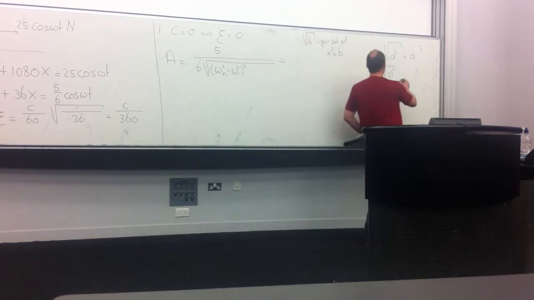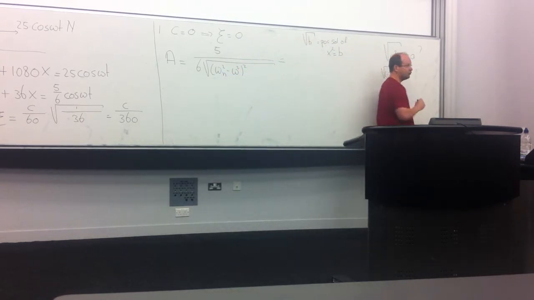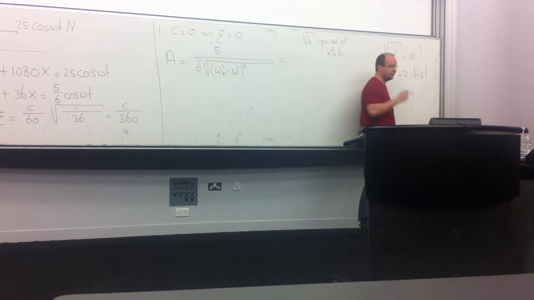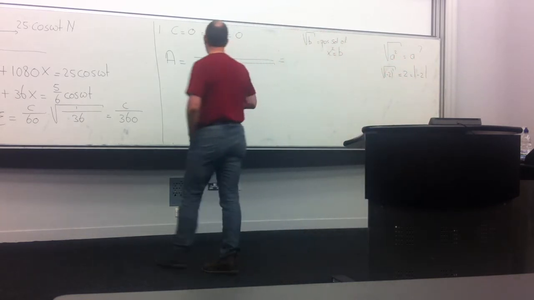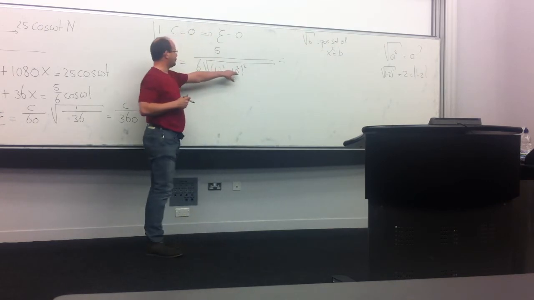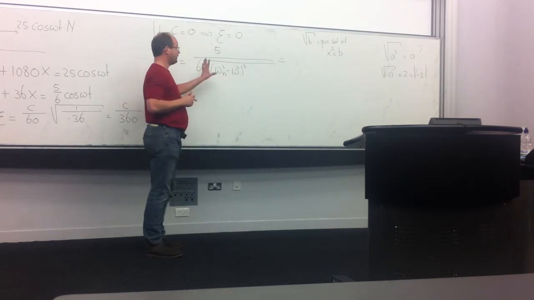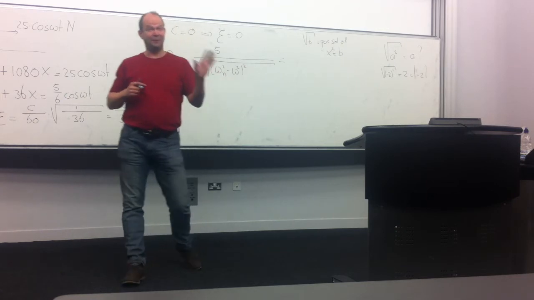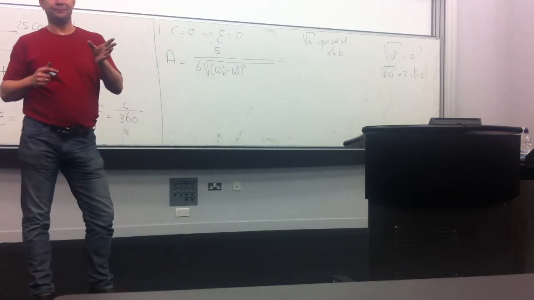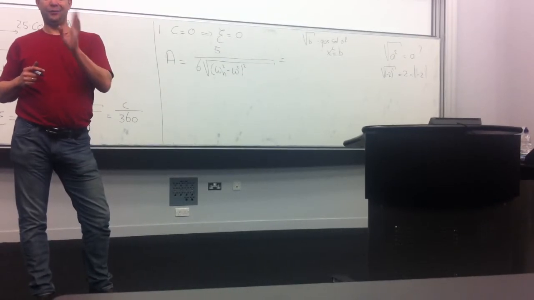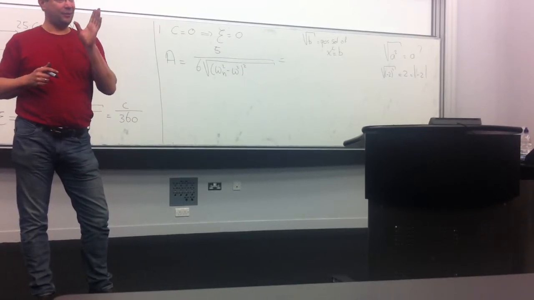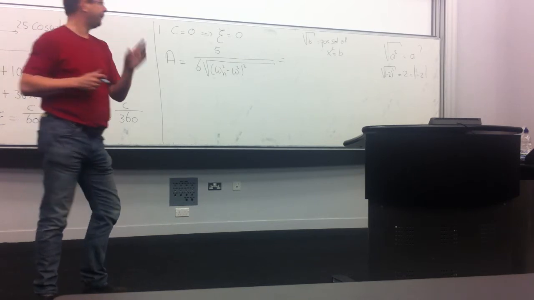So it is 2, which is the modulus of minus 2. So the square root of (omega n squared minus omega squared) squared is the modulus of omega n squared minus omega squared. Keep it in mind, that's essential for questions like this. Square root of something squared is the modulus of the something.